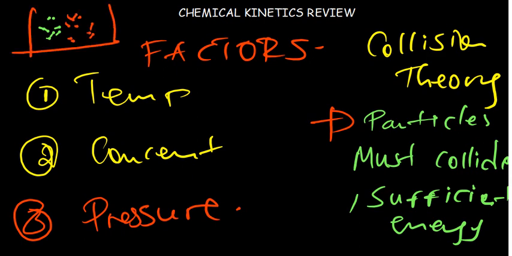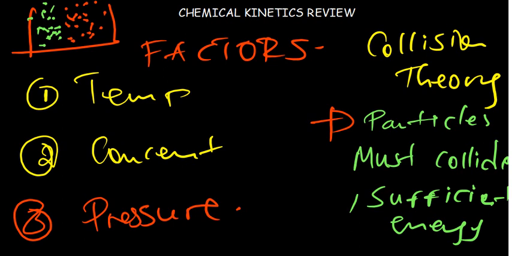If I increase the concentration, we're going to have more of each of the particles. What do we expect? We expect even more interactions, which will lead to more collisions between the particles of the reactants, which will now favor the what? The rate of a chemical reaction. So that is the way you should think about all the factors.